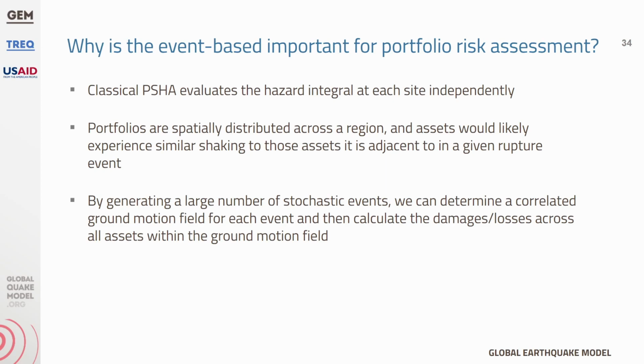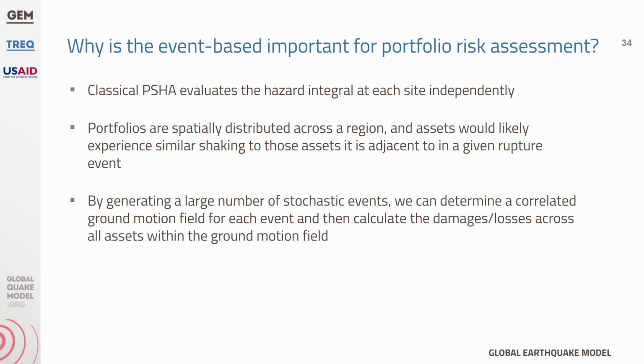This correlation in the response of the buildings is further amplified by the fact that closely spaced assets are likely to experience similar levels of ground shaking. So what we call the spatial correlation of the intensity for a given rupture event.